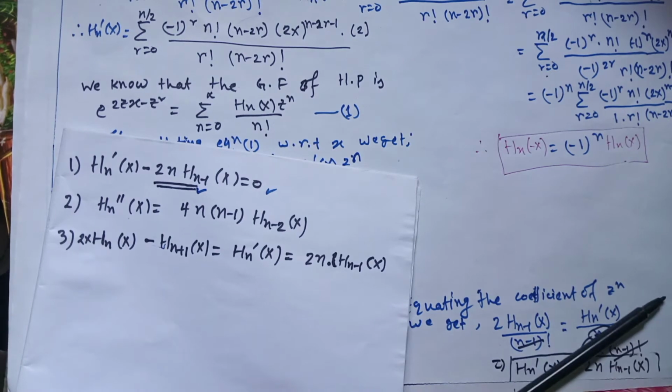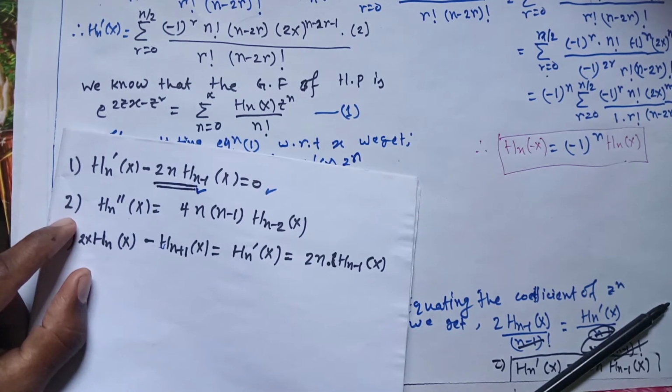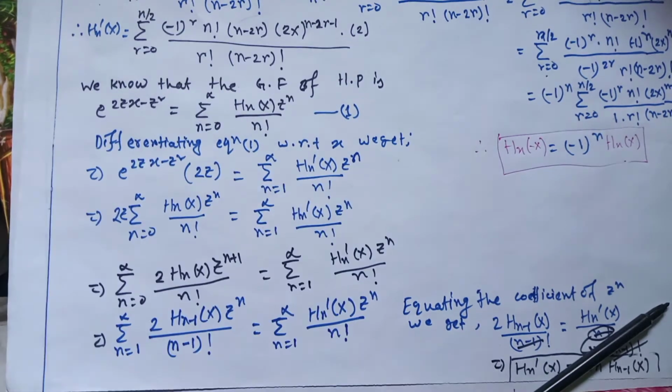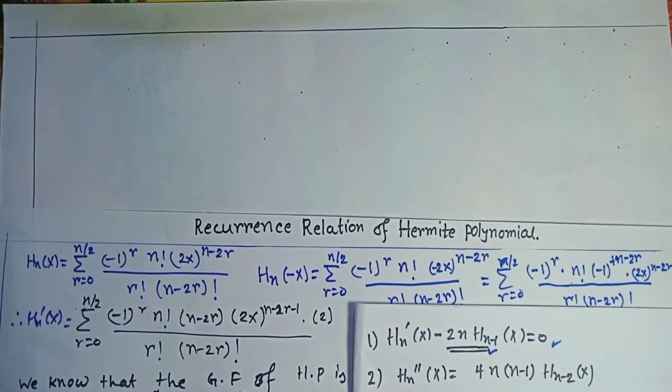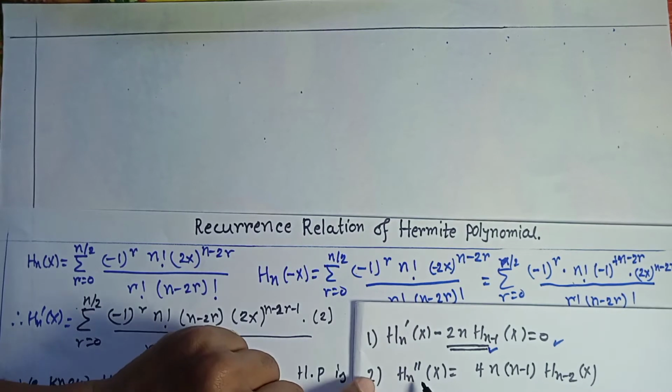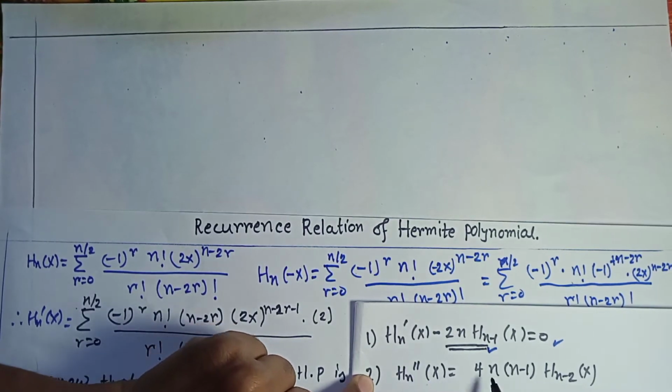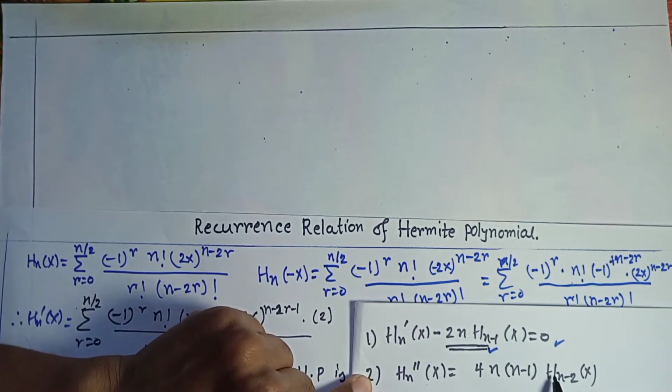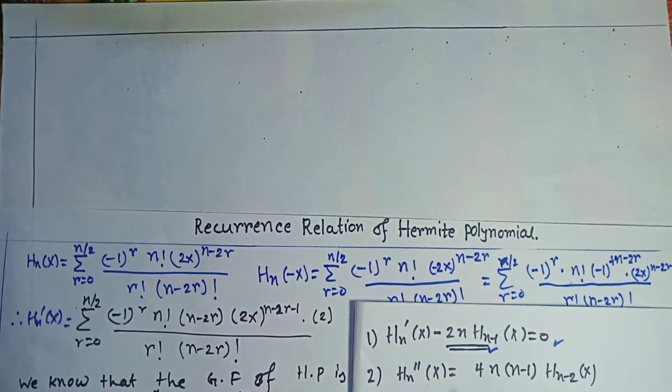Then we derive the second recurrence relation. The second recurrence relation is Sn double dash of x is equal to 4n into n minus 1 Sn minus 2 of x.